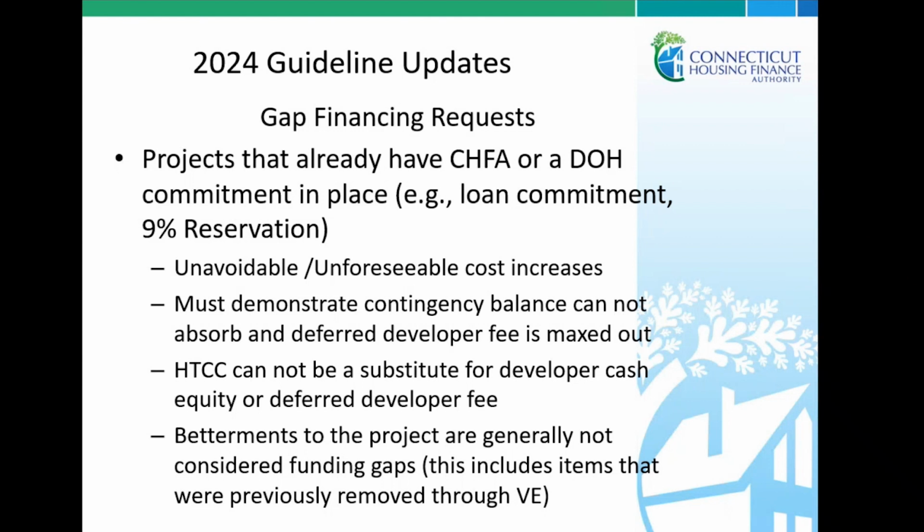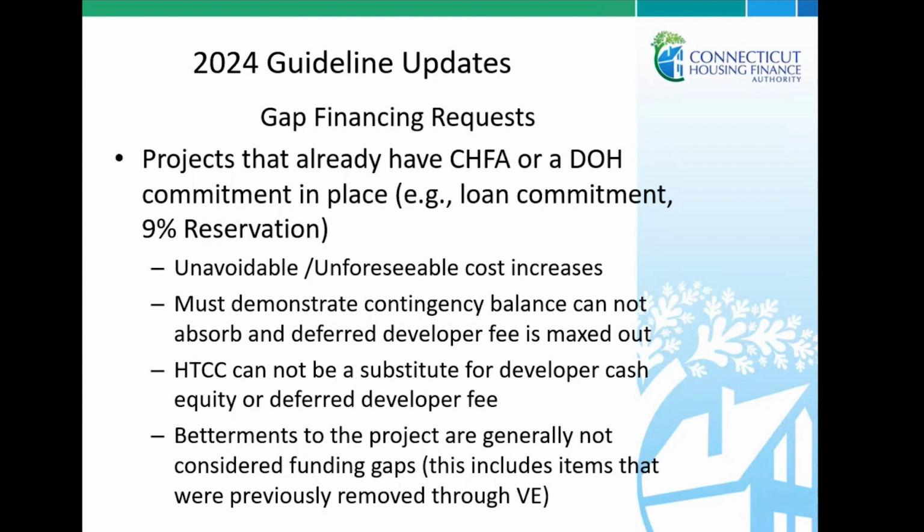So one of the bigger changes this year is refining the language around gap financing requests. Projects that already have CHFA or DOH commitment in place are eligible to apply for HTCC, but those costs need to be unavoidable or unforeseeable.